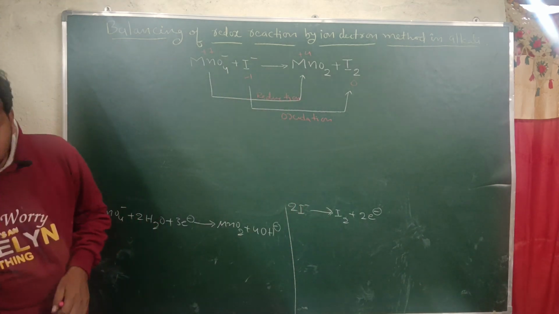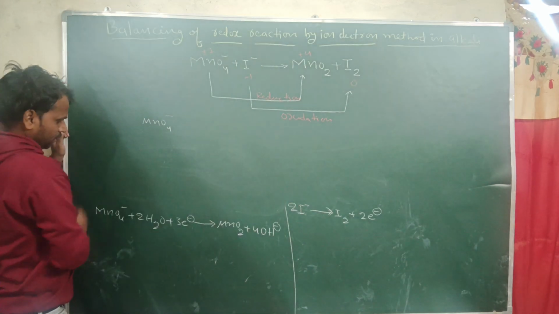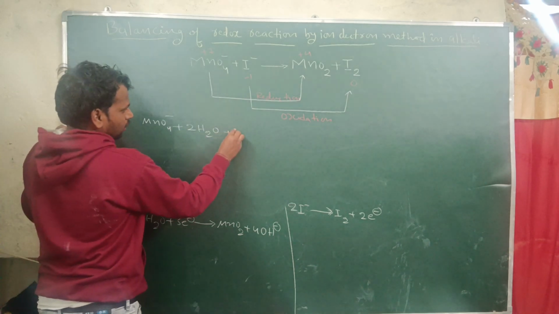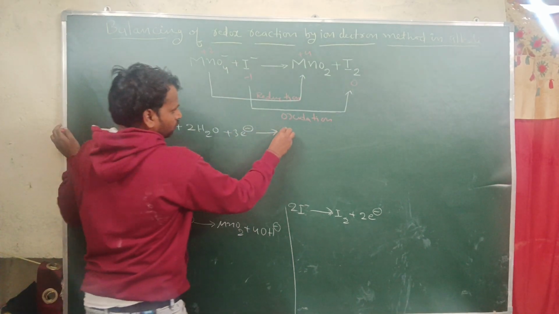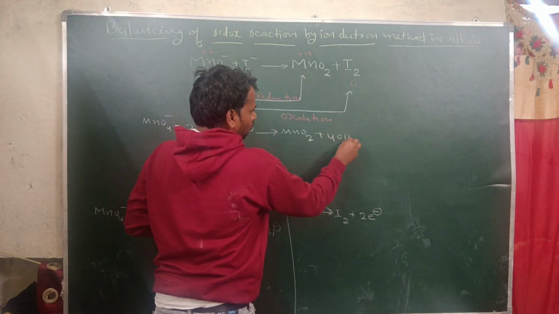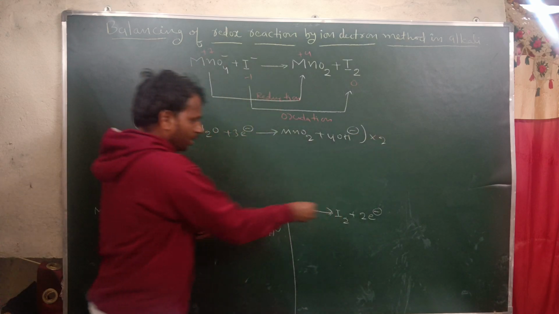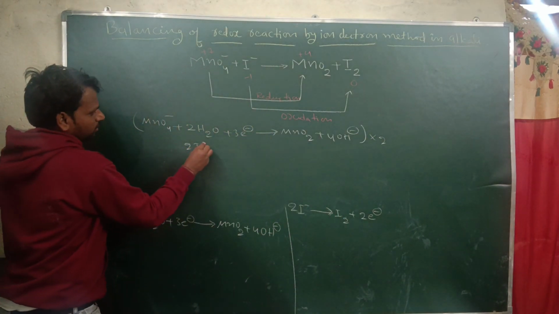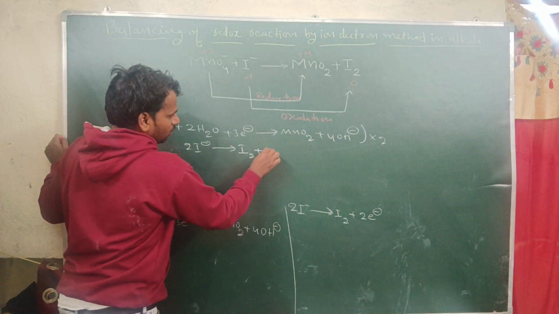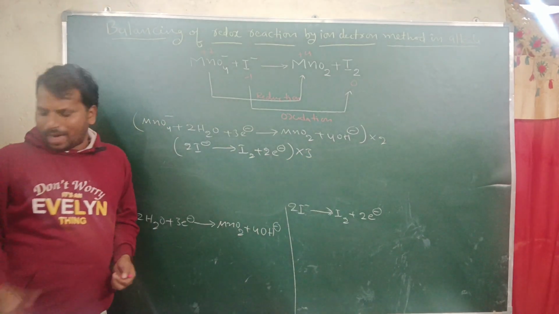Here MnO4 minus plus 2H2O plus 3 electrons gives rise to MnO2 plus 4OH minus. The iodine equation is multiplied by 3, and this total equation is multiplied by 2, to balance the electrons.